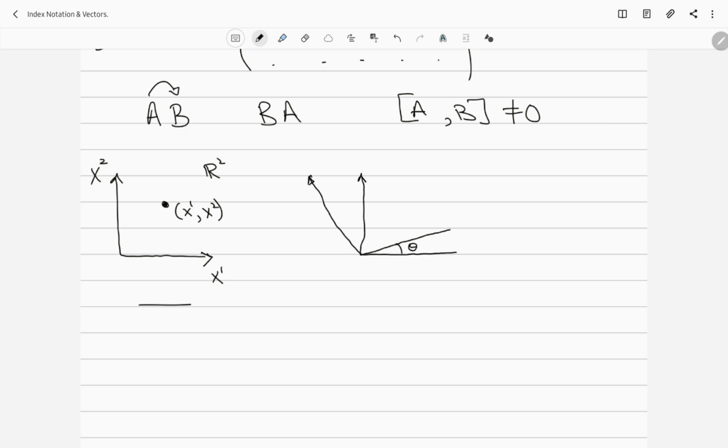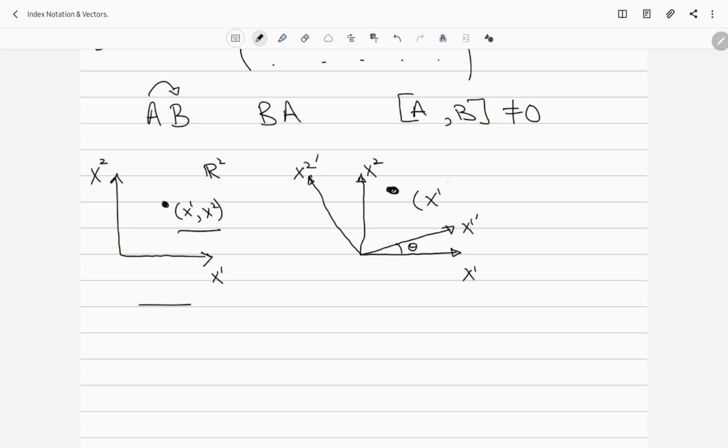Over here again, this is our x1 and this is your x2. But now this is your x1 prime, so x1 has been transformed to x1 prime by some angle theta, and here you have your x2 prime. Now you had this point in your coordinate system that was defined with x1 and x2.